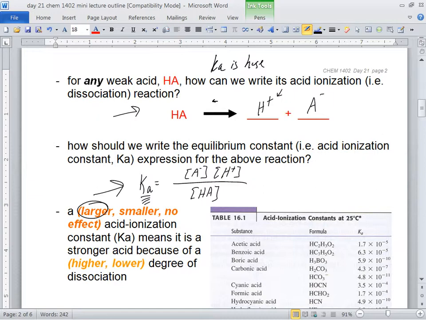Same way of saying that is because you have a really high degree of dissociation. It's just the same thing said two ways. They're just using terminology that we need to get used to. Here's your dissociation. Look, it's breaking up to a very high degree. So you have a lot of H plus around, much more acidic.